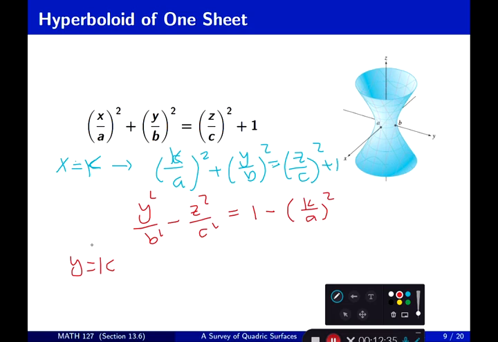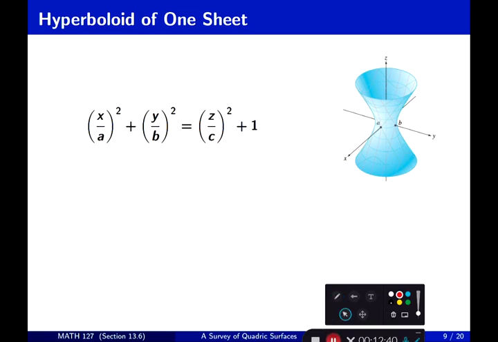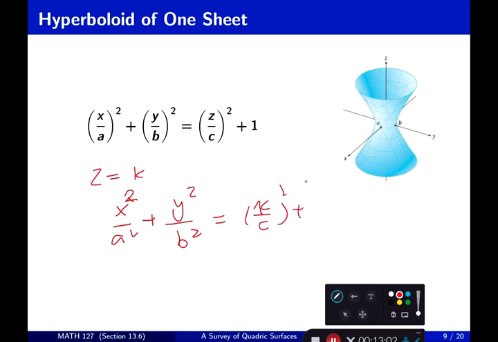What happens if I set z equal to a constant? So if I set z equal to a constant, not c but k, then you end up with x squared over a squared plus y squared over b squared equal to k over c to the power 2 plus 1.